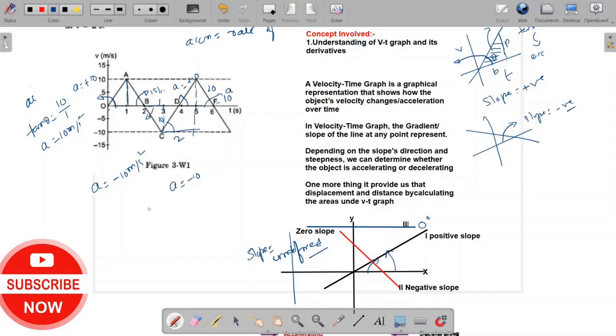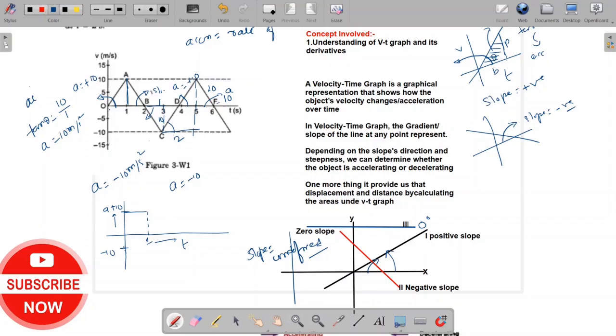So if I just draw an acceleration versus time graph, then in that case, what will be the case? There will be a plus 10 over here, and there will be a minus 10 over here. So plus 10 remains for 1 second. Okay, this is 1 second. Now from 2 seconds onward, 2 to 3 seconds, it's almost negative.